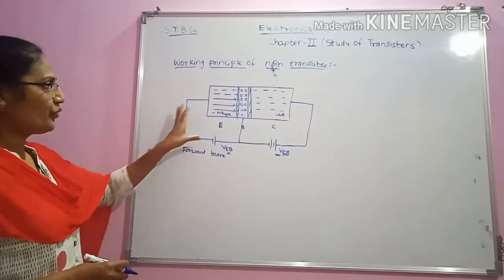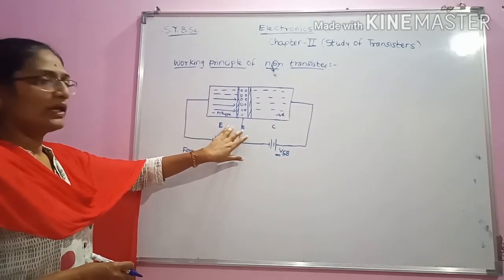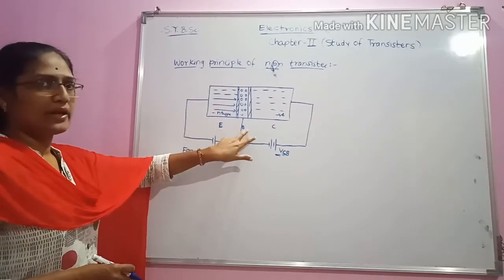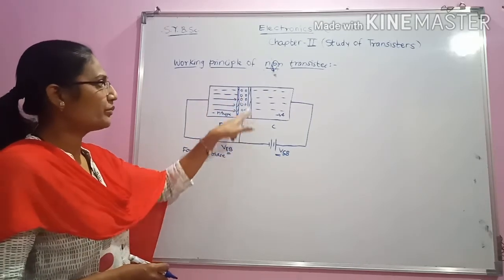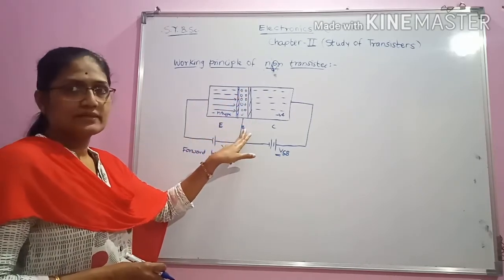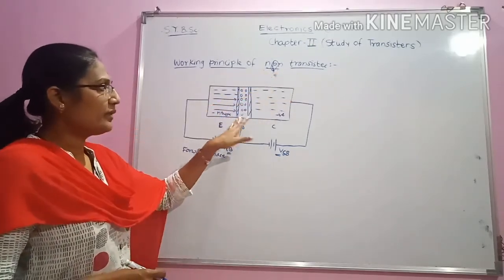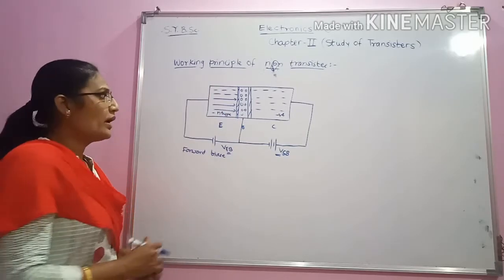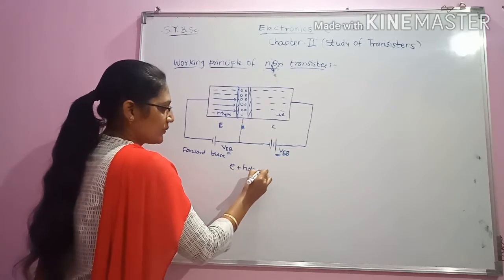Therefore, when we forward bias this emitter base junction, then electrons will start to migrate from emitter to base. They will cross this barrier and will come to the base section of the transistor, and in base there are the minority charge carriers, that is hole, and the electron hole recombination takes place.